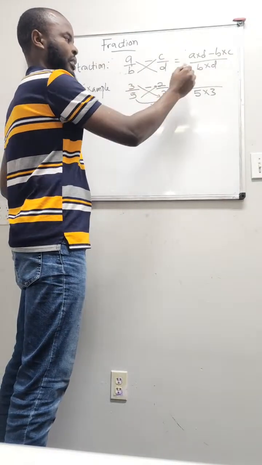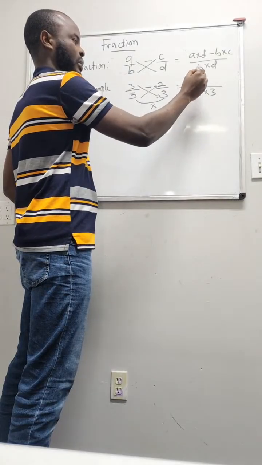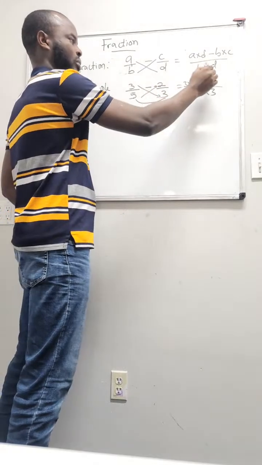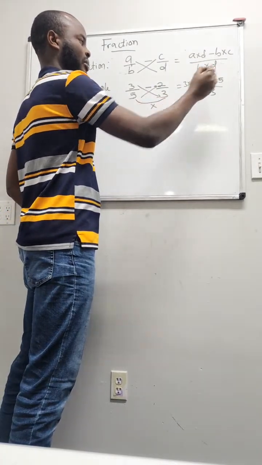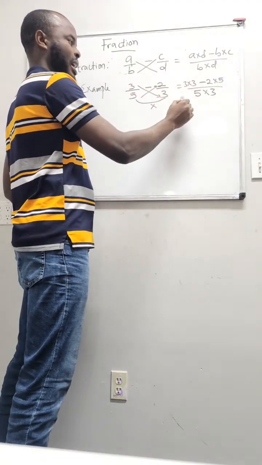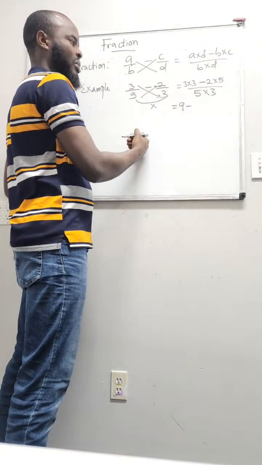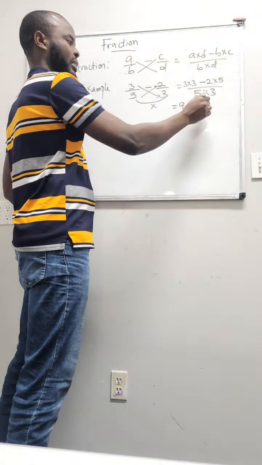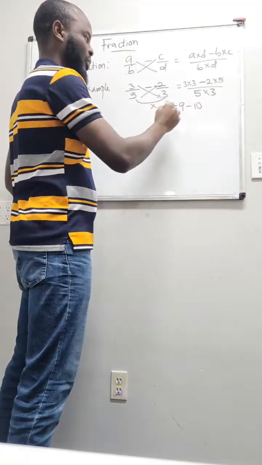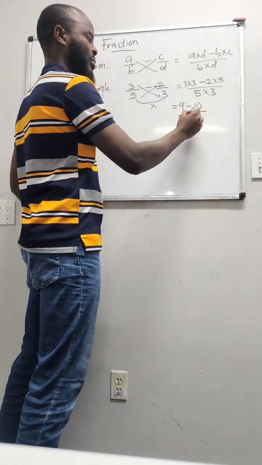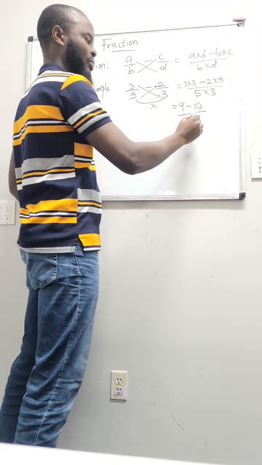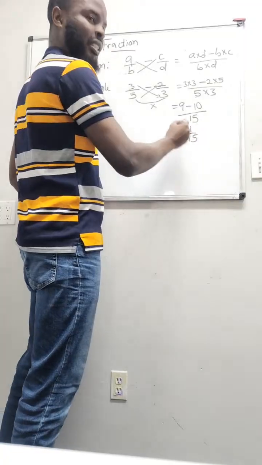So 3 times 3 minus 2 times 5. 3 times 3 is 9. 2 times 5 is 10. So here we have 5 times 3 to be 15. So 9 minus 10 should be negative 1 over 15.